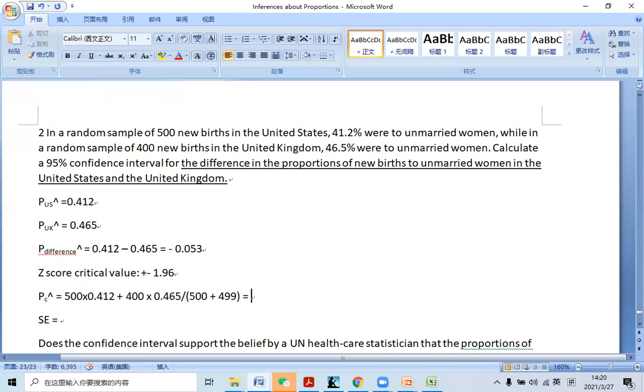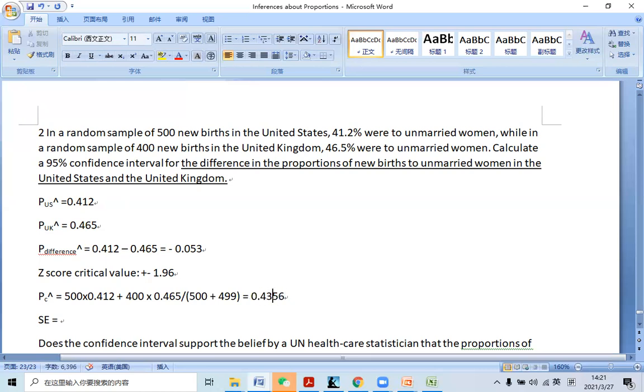Combined proportion: 500 times 0.412 plus 400 times 0.465, divided by 900 people altogether. That's 0.4356, about 43%.